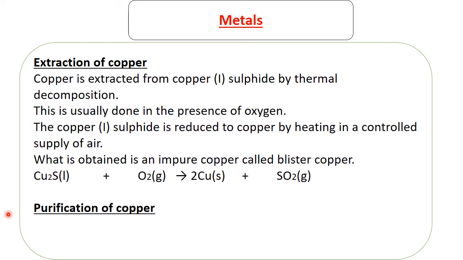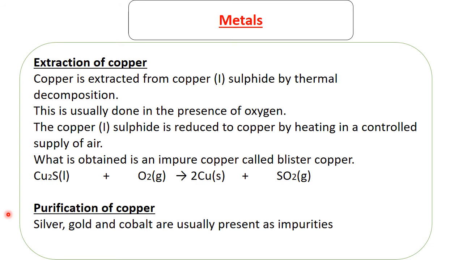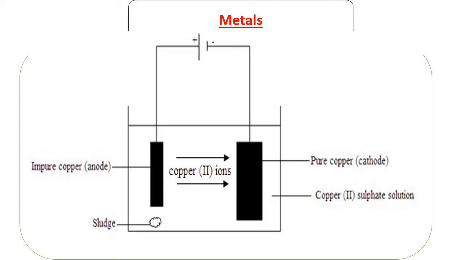So how do we purify copper? So we use electrolysis to purify copper. So copper contains some impurities such as silver, gold, and cobalt. Okay, so these have to be removed. So this is the apparatus, the electrolysis apparatus. So here are things to note.